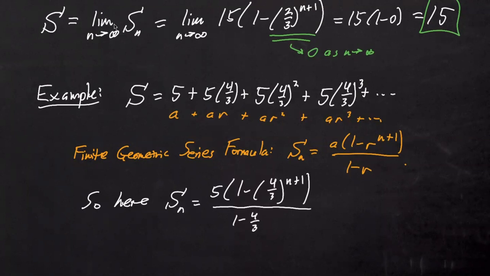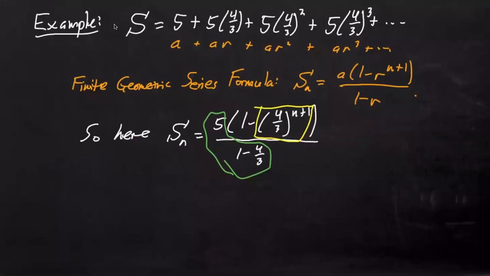And you can certainly simplify this part if you want. But the big question is what about this part right here as n goes to infinity, right? Now we're multiplying something that's bigger than 1. 4/3 is bigger than 1.